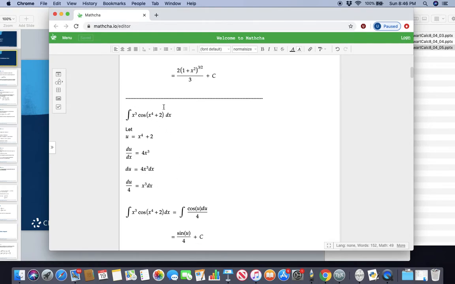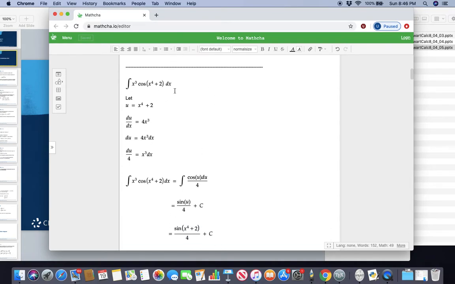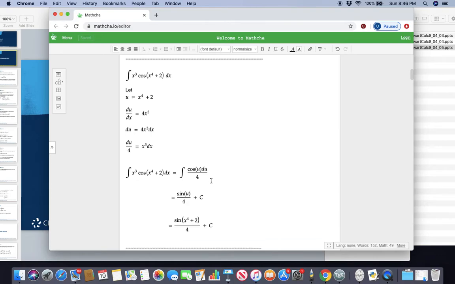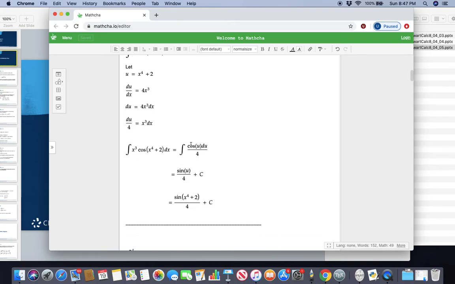So this expression, integral of x cubed cosine of x to the 4th plus 2 dx, is cosine of u, and x cubed dx is du over 4. Now, the integral of cosine we know. It is sine u.